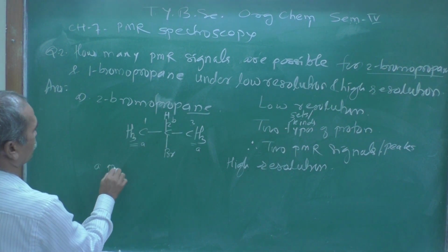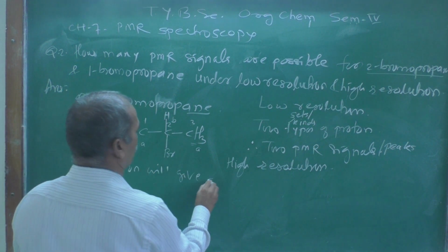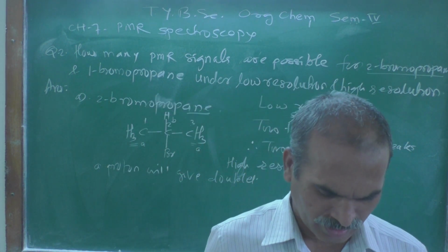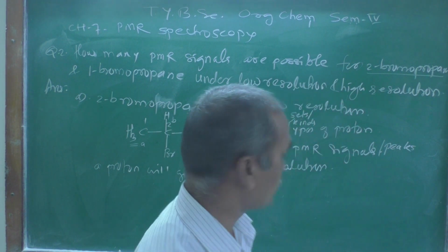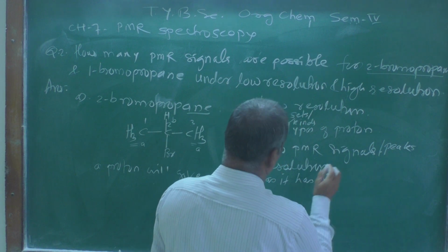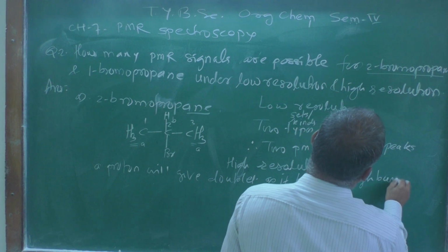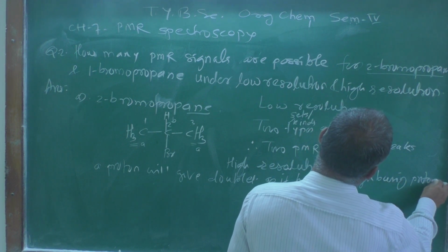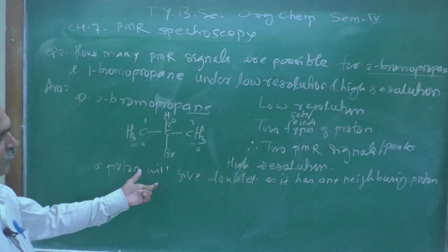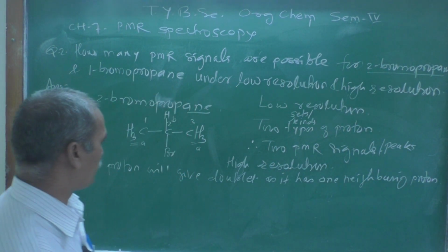So A proton will give a doublet, as it has one neighboring proton. See here, A protons will give a doublet because there is one neighboring proton.